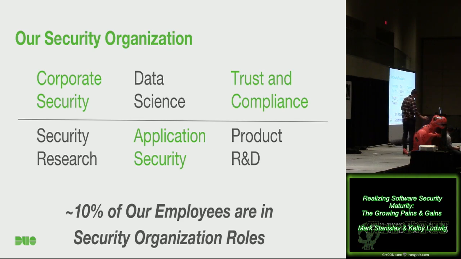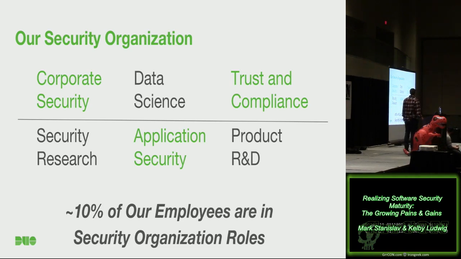For example, a product R&D team is responsible for identifying new and innovative features that may be useful for our product, and then implementing them as an initial proof of concept and then handing that off to engineering to finish out. So this is a separate team than application security, yet from the very beginning, we have security experts working on new features before it even gets into the actual engineering lifecycle.